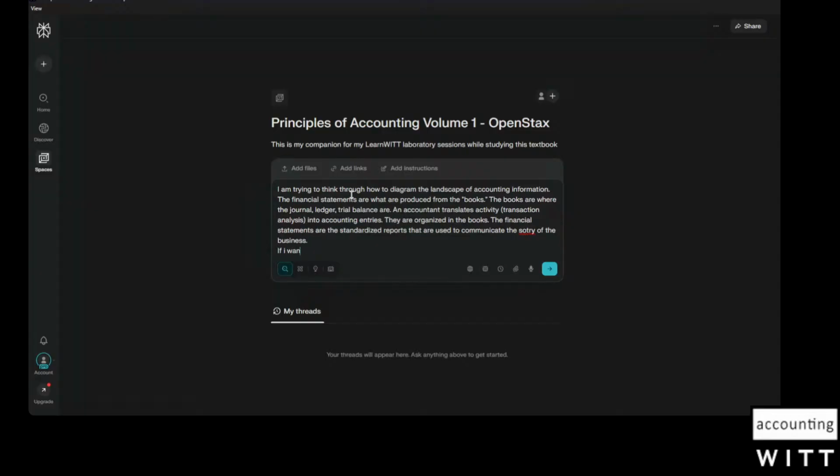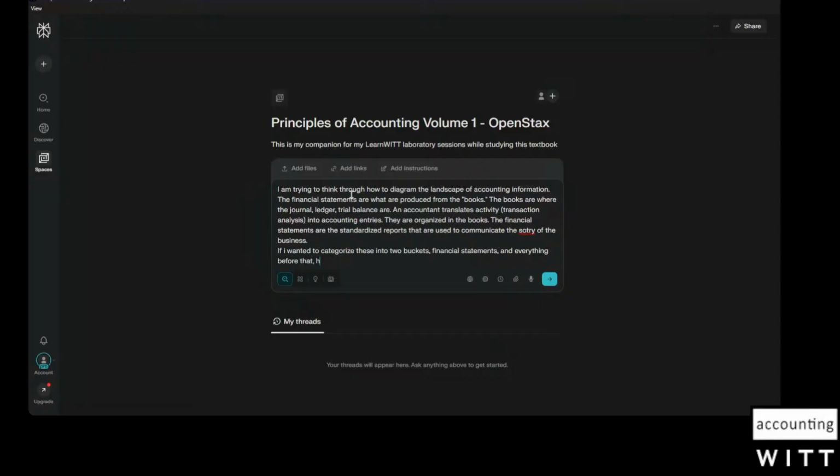If I wanted to categorize these into two buckets, financial statements and everything before that, how should I do it?